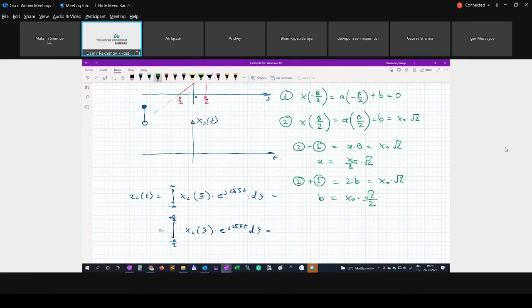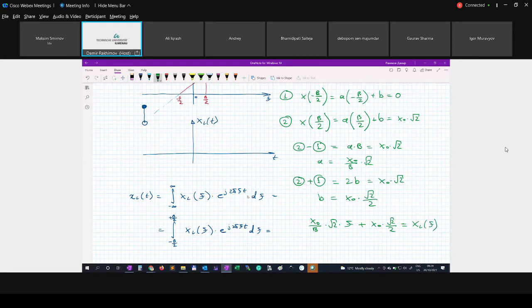So it will be x0 over B times square root of 2 times f plus x0 times square root of 2 over 2. And this equals xl of f.